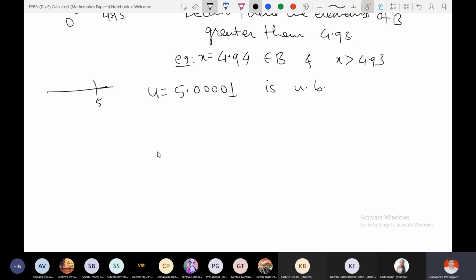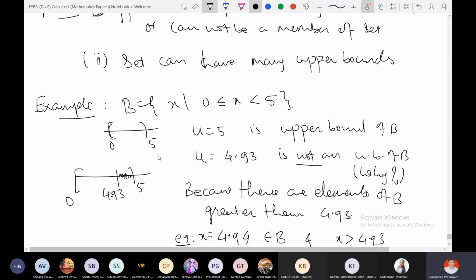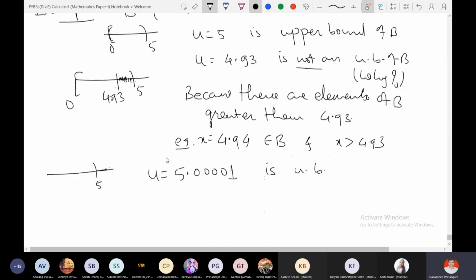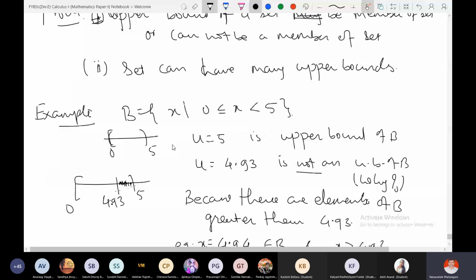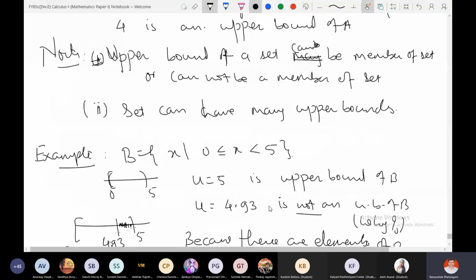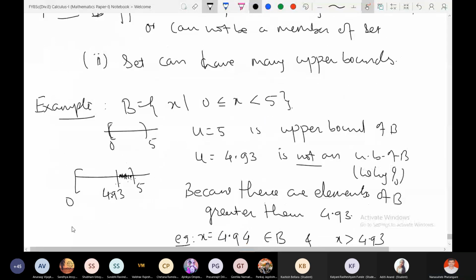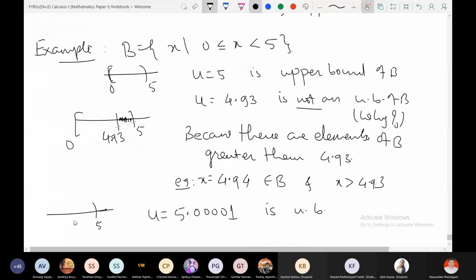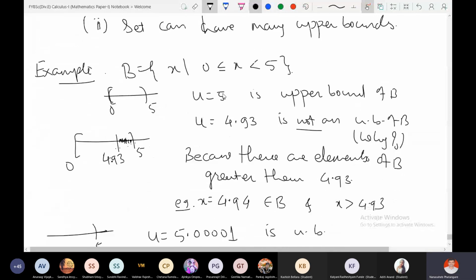So 5 is somehow special, like in the previous example, 4 was special, and 5 is not a member of the set. Even so, 5 is an upper bound, and any number greater than 5 is an upper bound. So these are the main observations you can make from this.